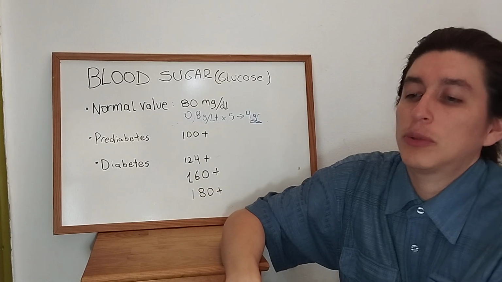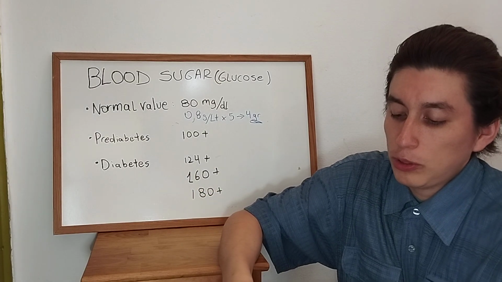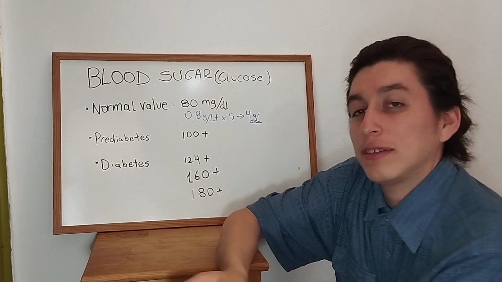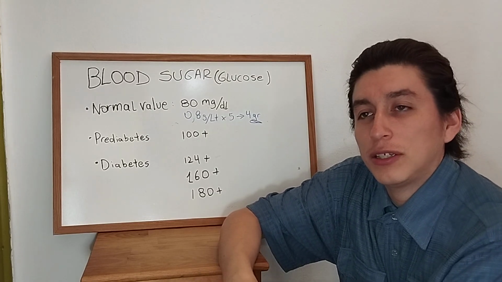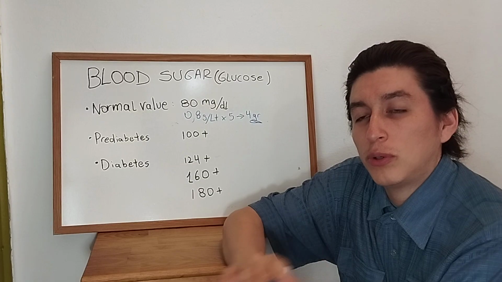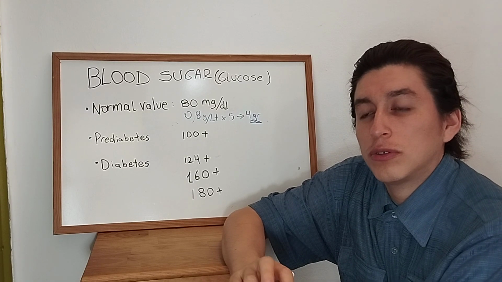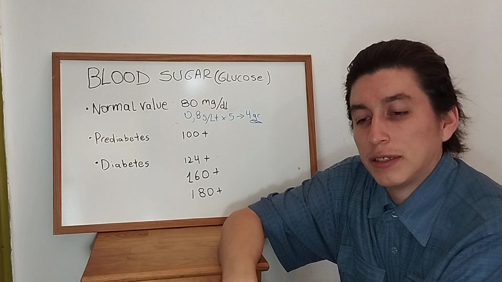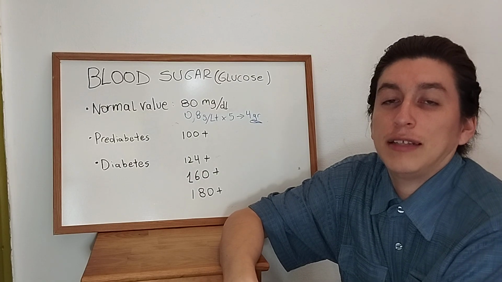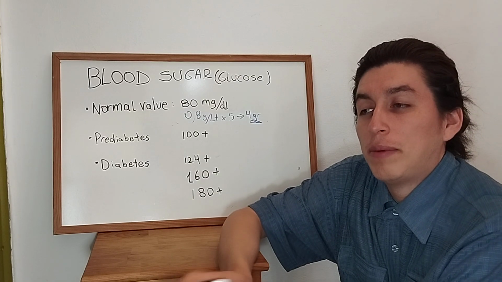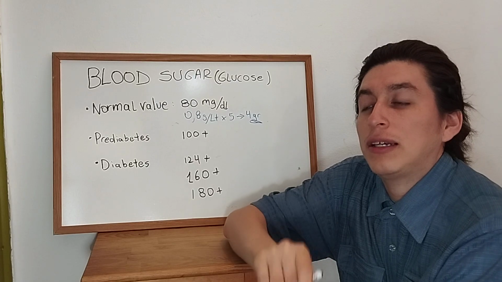So, in other words, when the blood sugar is rising above 160, the capacity of your immune system to respond over an infection or over the invasion of a pathogen, let's say a bacteria or a virus, is going to be really affected.